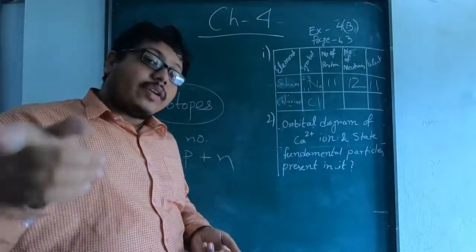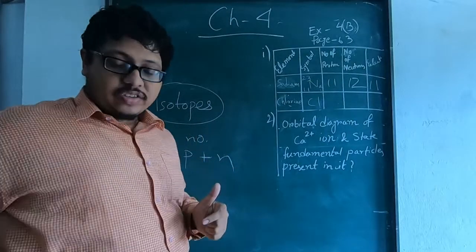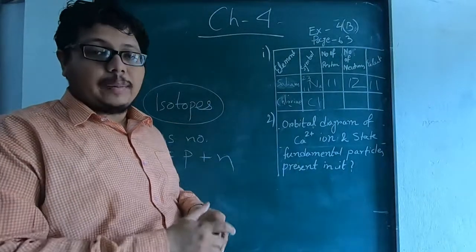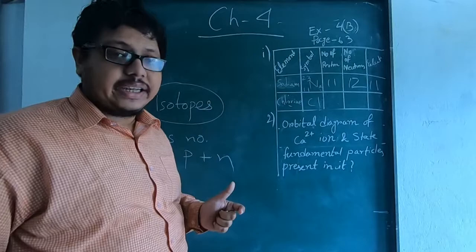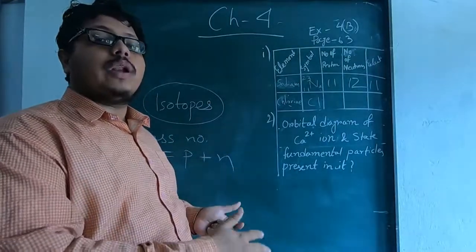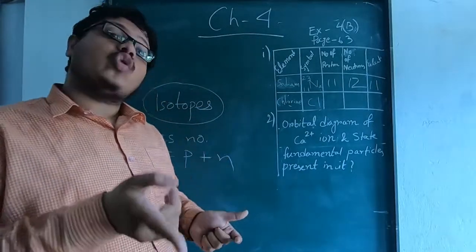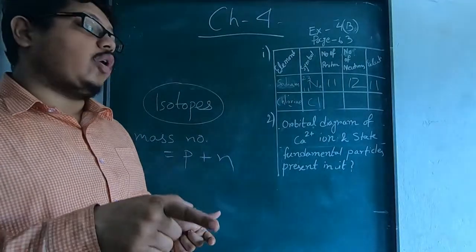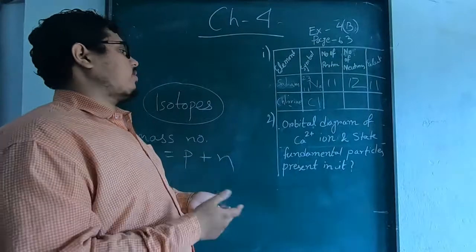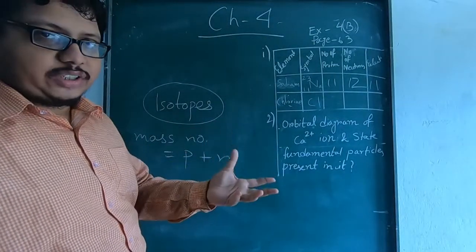You have learned already in class 8, Dalton's atomic theory, where Dalton used to say that all atoms of an element are identical, exactly the same. Meaning every atom of chlorine will be the same. However, this was found to be not true. Experimentally, scientists have found that atoms of the same element can be different.